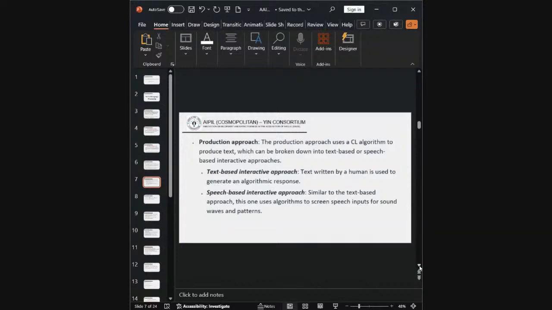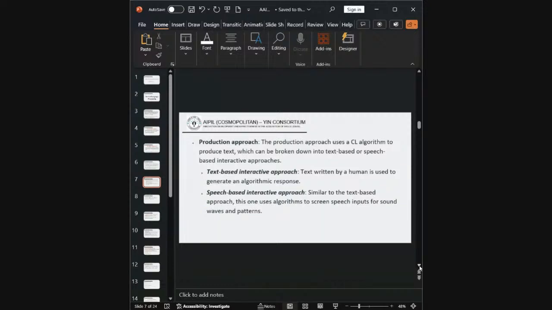That is the production style of computational linguistics, speech-based. And that's quite interesting. Now you know what they are trying to do. It is through this particular approach that it was able to be achieved. I hope we are following.